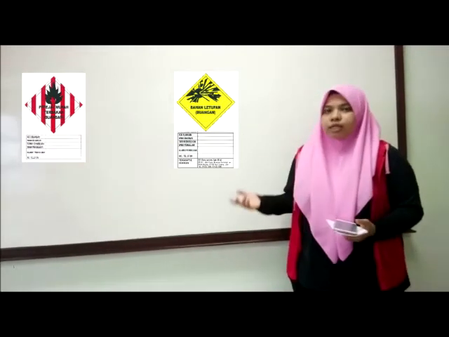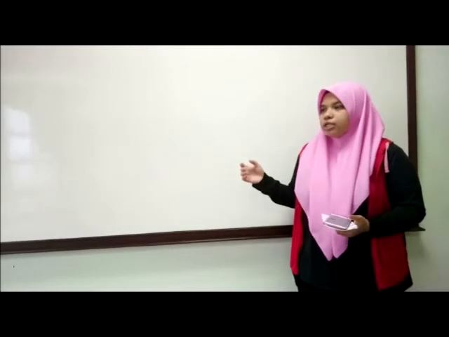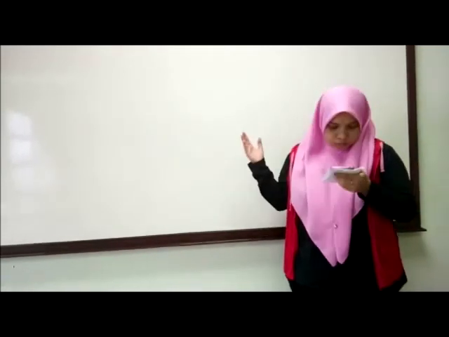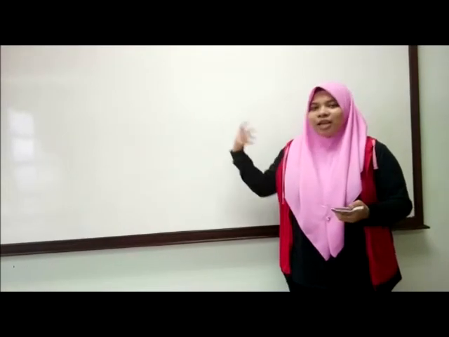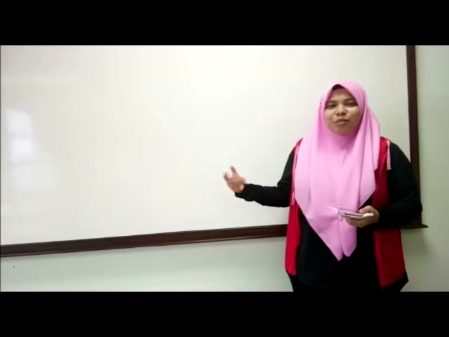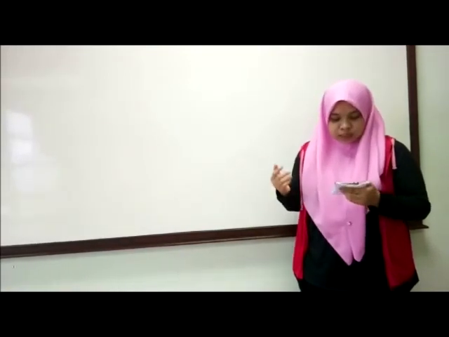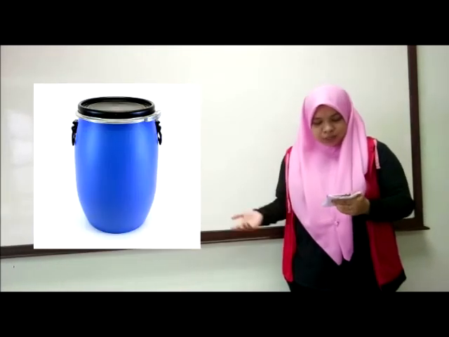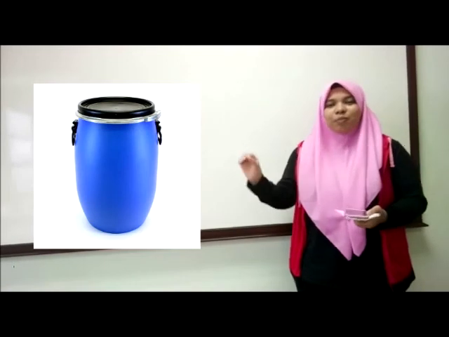So the hazard symbol used for the spent catalyst is bahan letupan, which is explosive, and flammable. And the container used is an open top drum with cover and clamp. It is like the IETS sludge one, but in plastic.